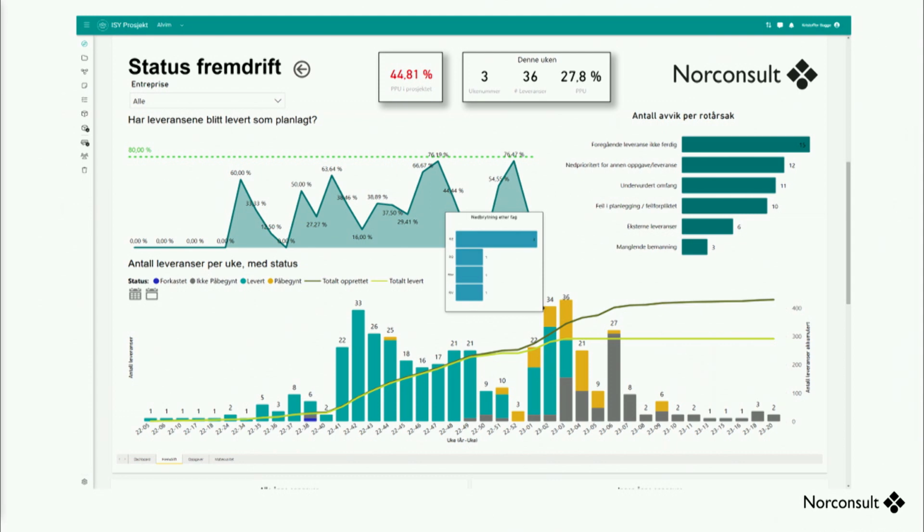So what we do see is that we have lots of variability in performance, and I think it's important to actually show this and to make one important point, and that is I don't know if everybody has this insight into their own operation.